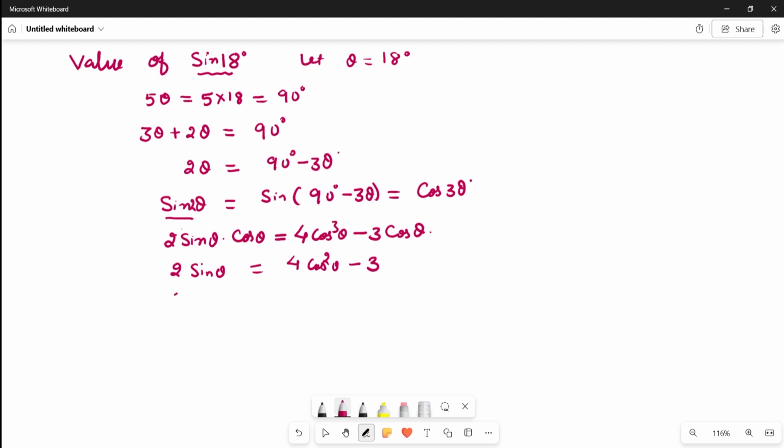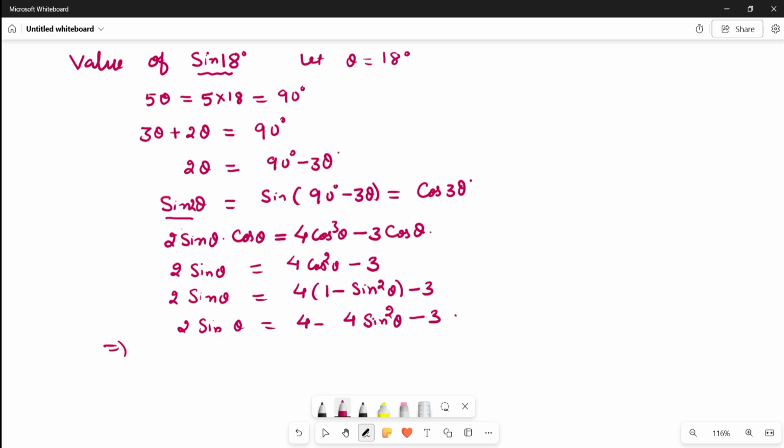Convert cos square theta with the help of the identity: 4 into 1 minus sine square theta minus 3. Therefore 2 sine theta is equal to 4 minus 4 sine square theta minus 3.